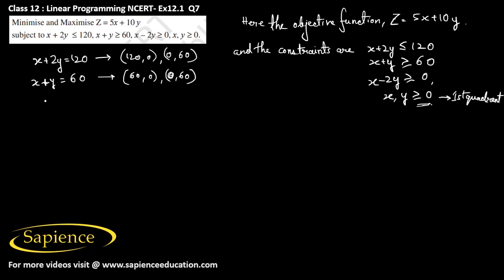And for x minus 2y equals 0, it will pass through the origin 0, 0, and it will also pass through the point, suppose if I put x equal to 60, then y will be 30. So from the point 60, 30 also it will pass.